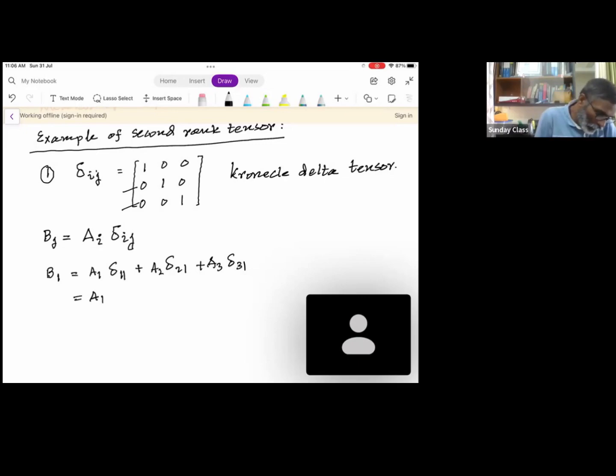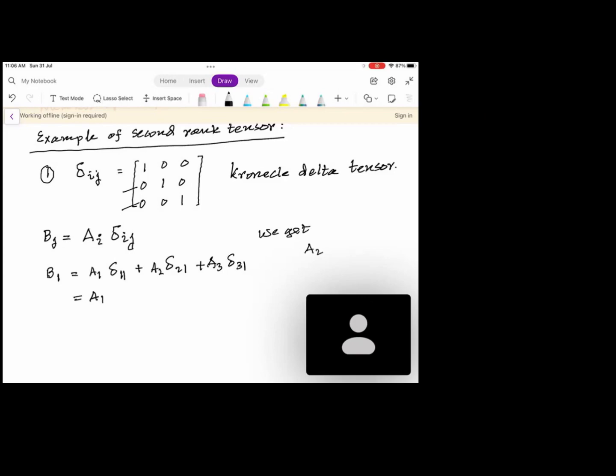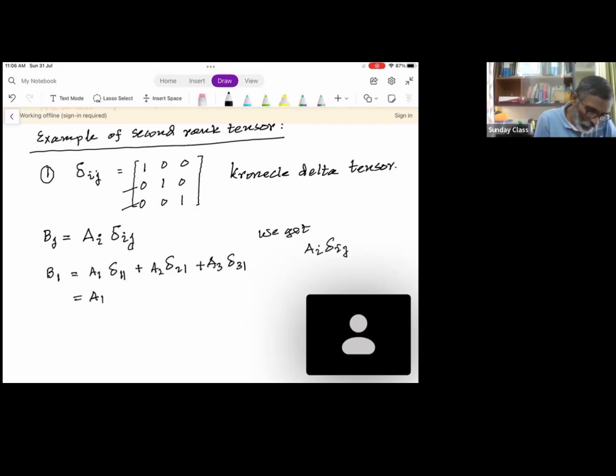So that means we get ai delta ij is equal to simply aj. So actually it is the same vector, right? ai and aj are the same vector.